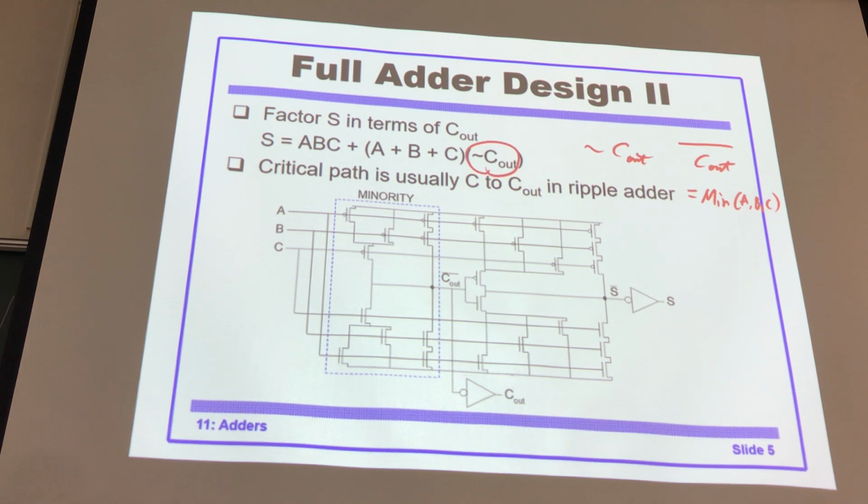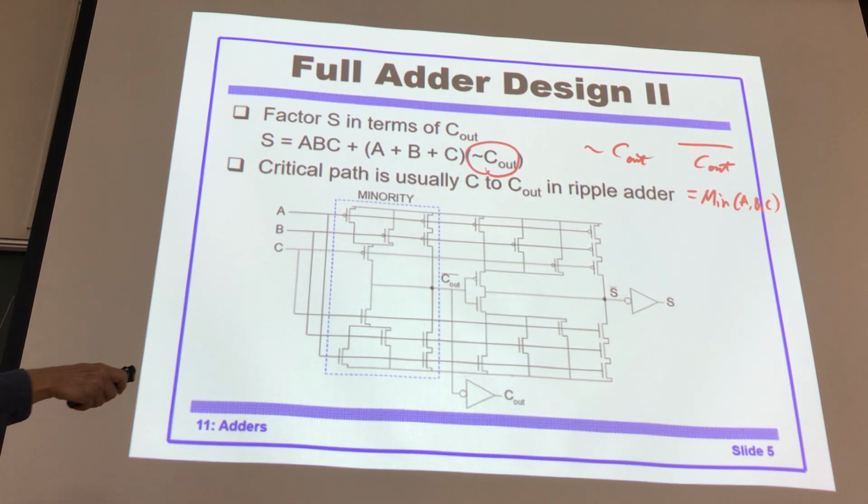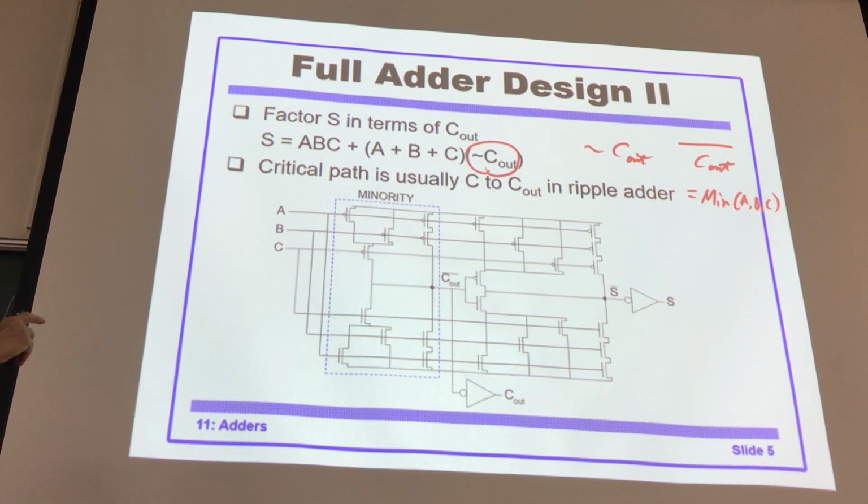So the majority circuit is just the inverse of the minority circuit. And C out bar, meaning there's no carry out, then it must be that 1 is the minority, not the majority. When 1 is the majority, you get carry out. Right?